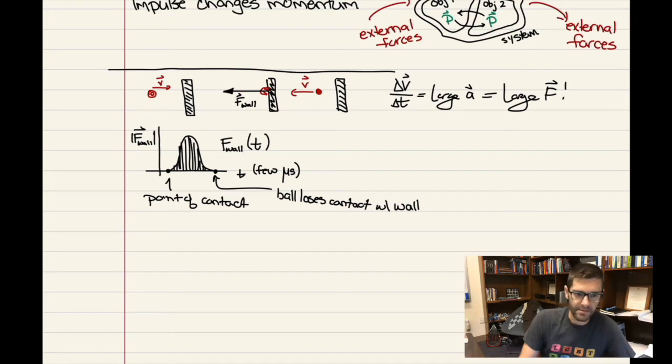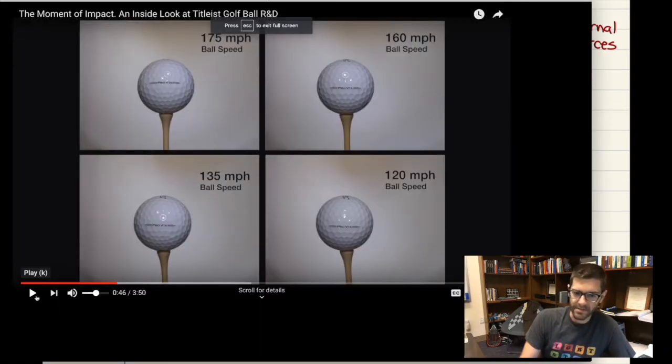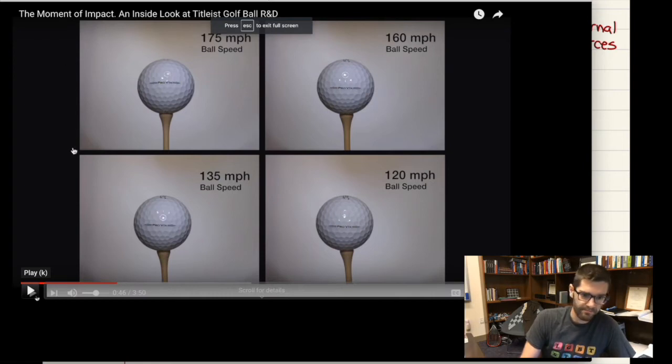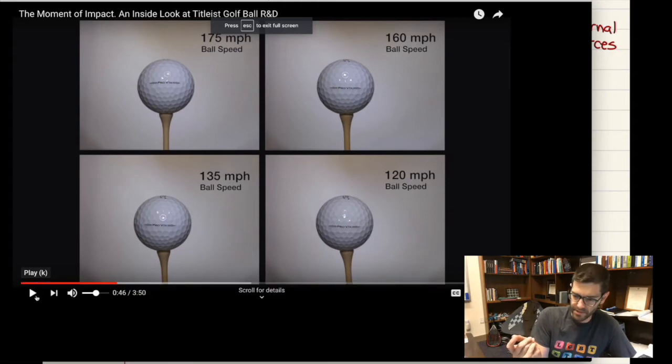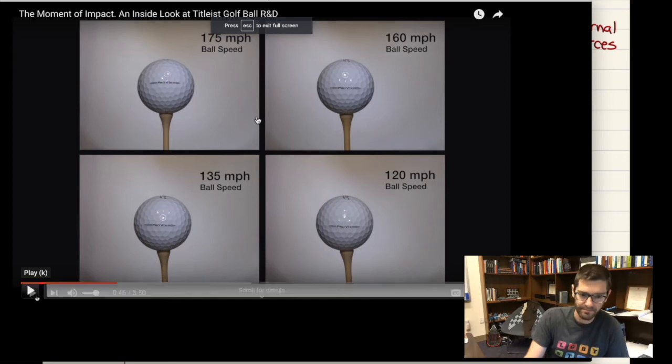We can see this. There's another movie here of, even for objects that you might think of as being quite rigid, like a golf ball, there's still some deformation, which very much displays that there is a very, very large force being acted on the golf ball when it comes in contact with, in this case, a golf club.